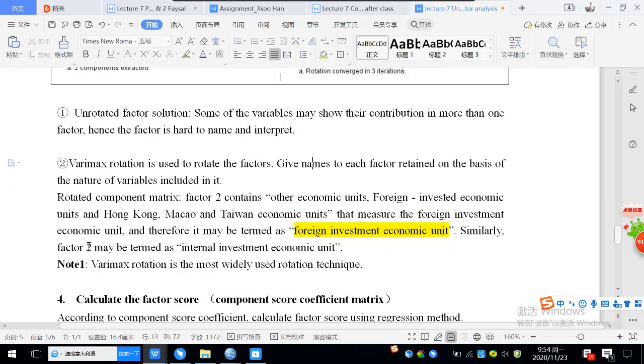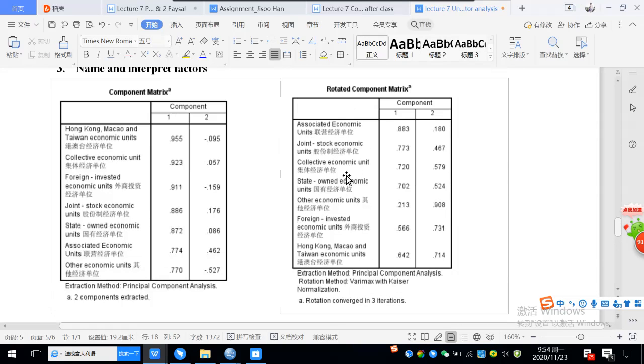And the factor 1, sorry, I think here is internal and here is out. And factor 1, since it includes associate economic units, joint stock economic units, collective economic units, state-owned economic units.